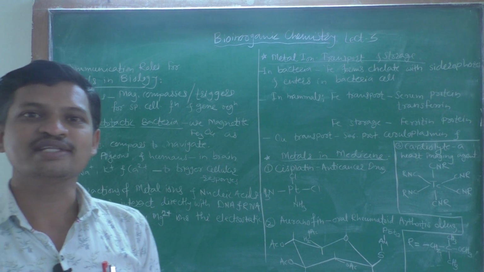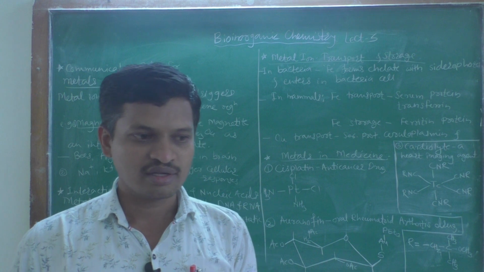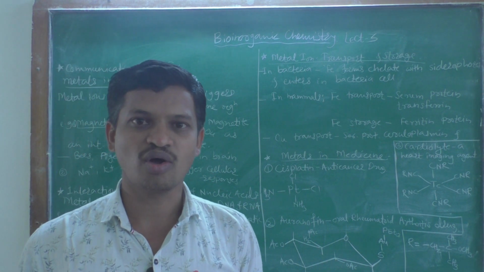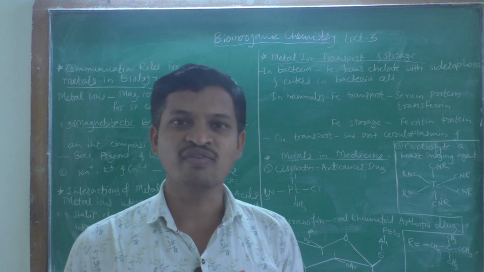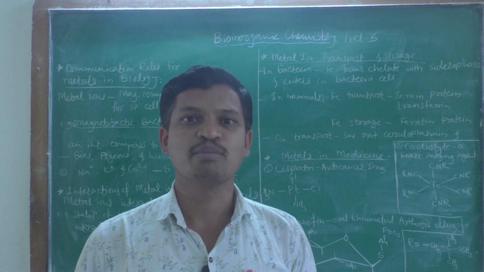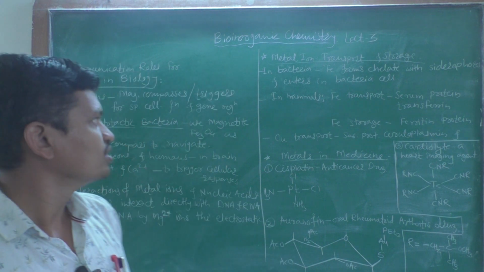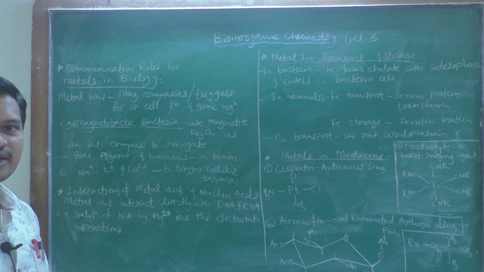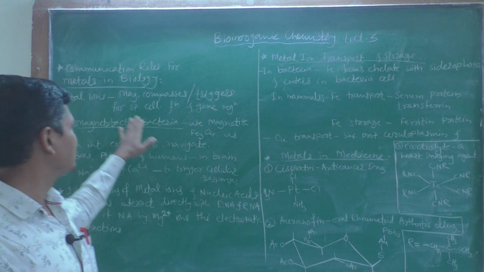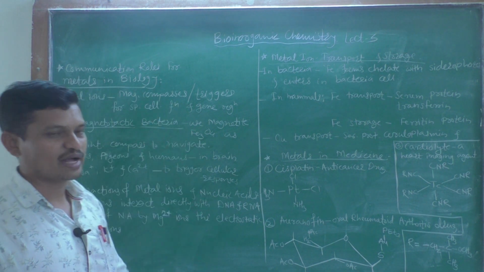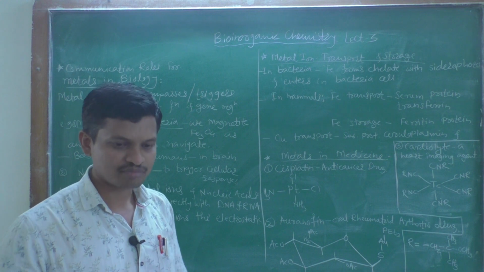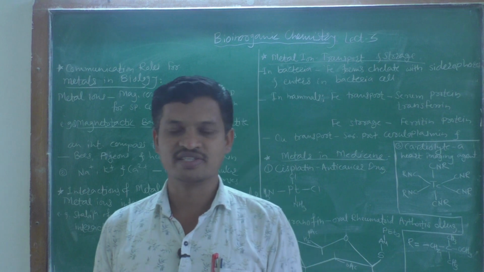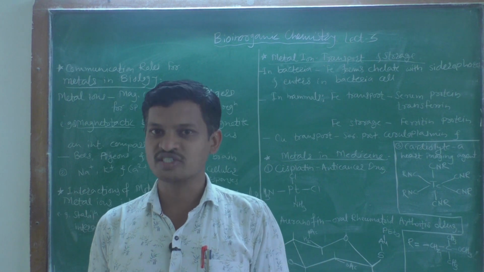So different metal ions are used as triggers or messengers in different physiological as well as biological processes. We can say that they are acting as a magnetic compass or triggers in doing specific cellular activities, specific cellular functions.